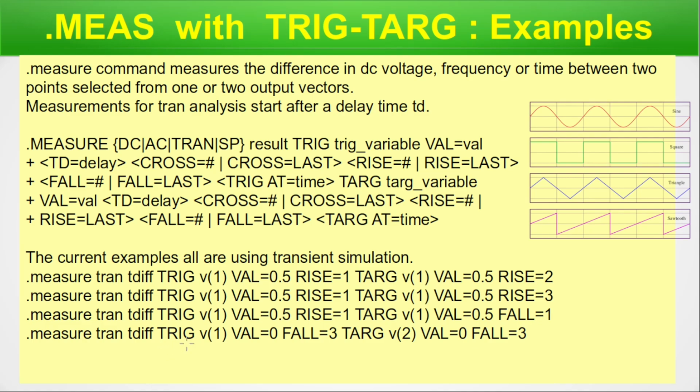Next we have again the trigger at V1 and the target at V2. So these are two voltages and here we call it fall 3. Say this is V1 and this is V2, right? What will happen is that it will be the fall 3. So let me erase it and draw it again. So this is fall 3 and accordingly this will be fall 3, right?